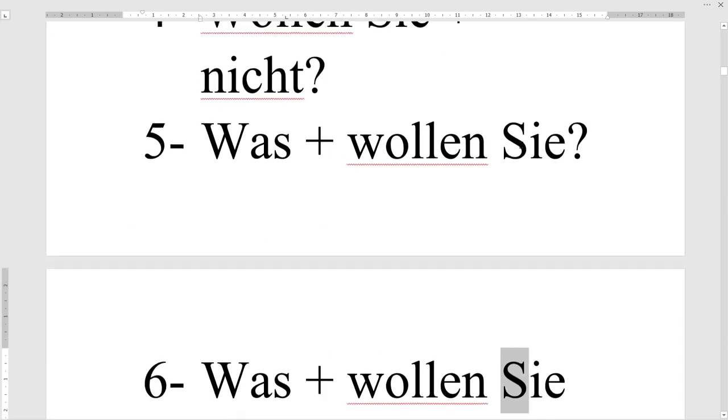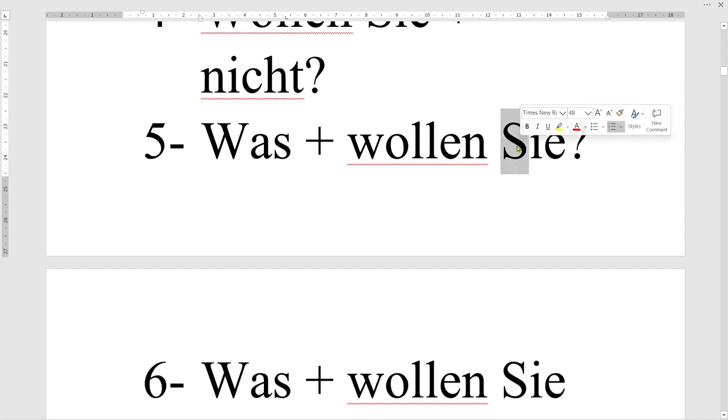This is something you need to remember. The first letter of this formal pronoun must always be capitalized, no matter where it is, whether at the beginning, the middle, or the end of the sentence. In any way, shape, and form, this word must be used with a capital S, and you can see it here.